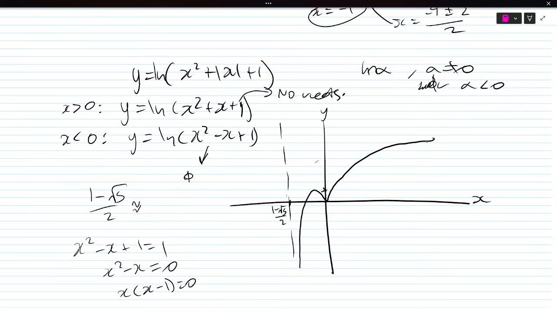Okay, that was my mistake. Apologize for that. And this tends to infinity, and then it catches up again, and it should look like this.